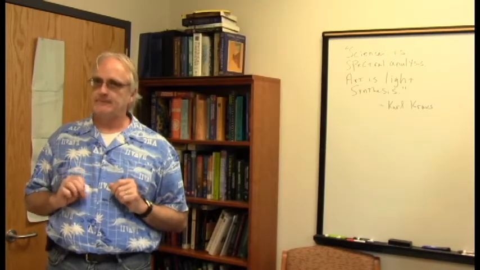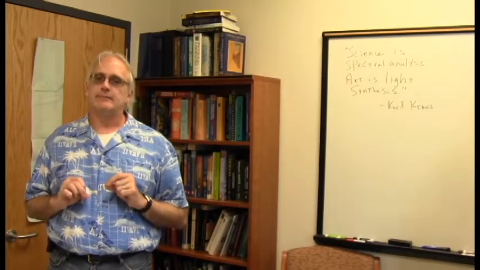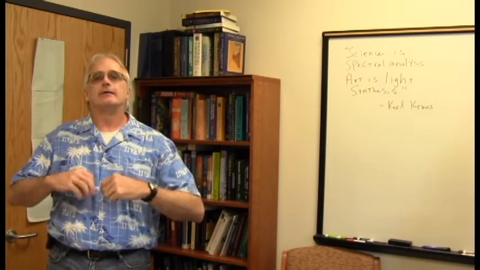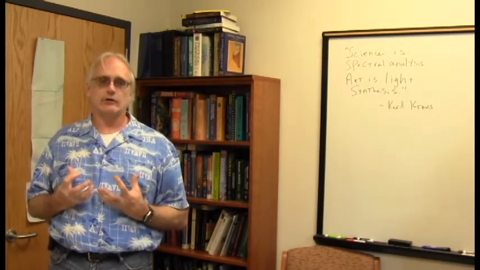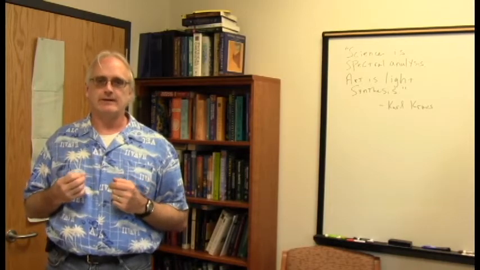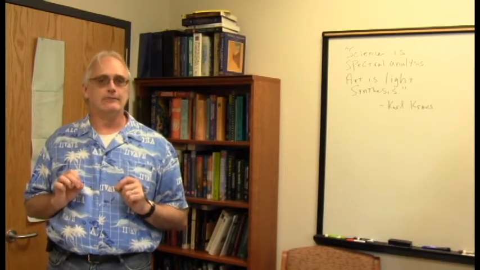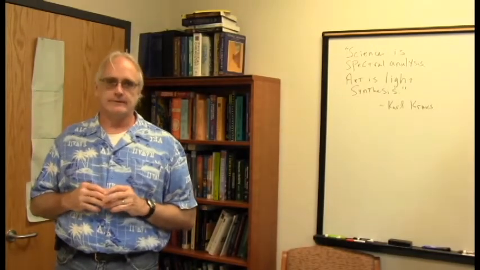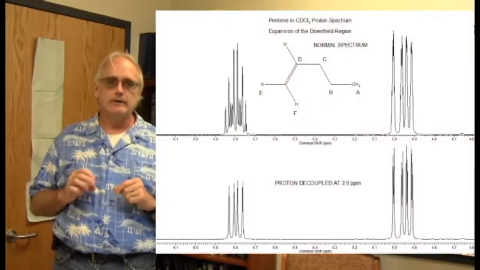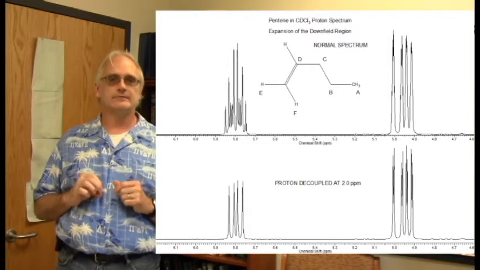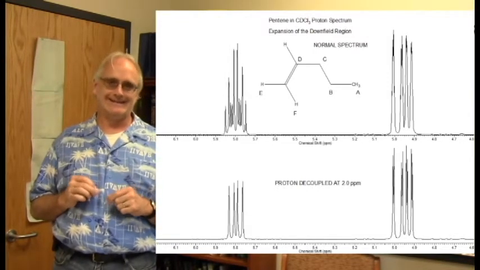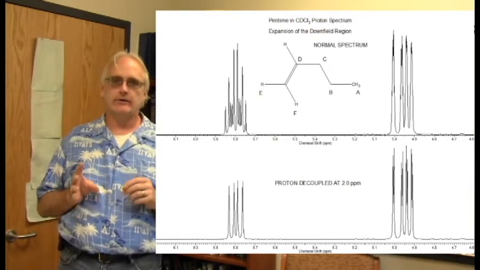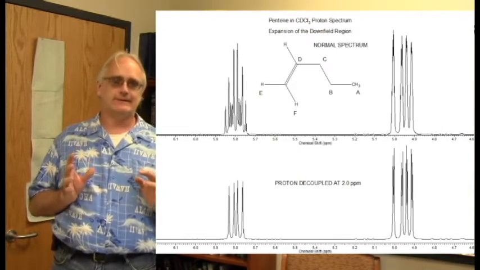Now that's the upfield region, and that's nice, but it really gets interesting when you take a look at the changes that have occurred when group C is decoupled here in the downfield region. So if you thought that was slick, here's the downfield region, and notice what has happened to our friend Proton D. That gorgeous but complex pattern is now a doublet of doublets.